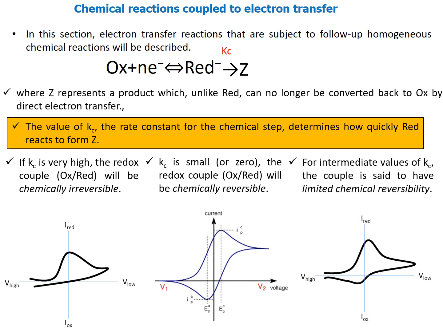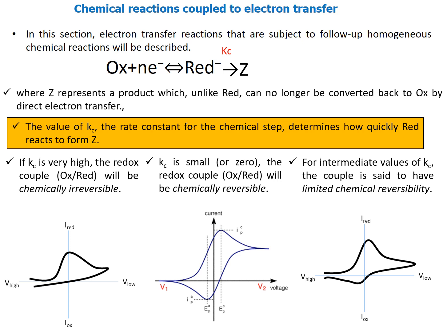Now, we will consider what if Kc has an intermediate value. For an intermediate value of Kc, the couple will have limited chemical reversibility. So, in the CV plot, you can get the cathodic peak. However, during the reverse electron transfer process, you will get an anodic peak, but the current intensity will not be the same.